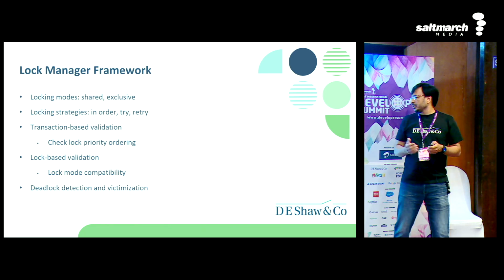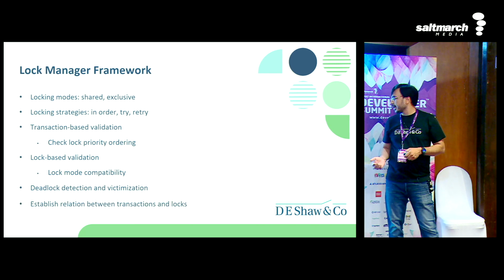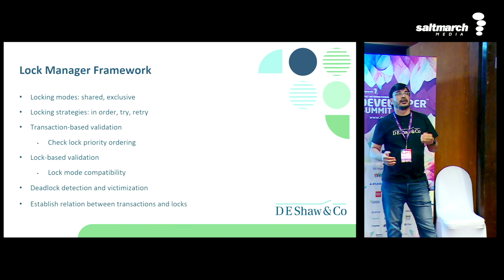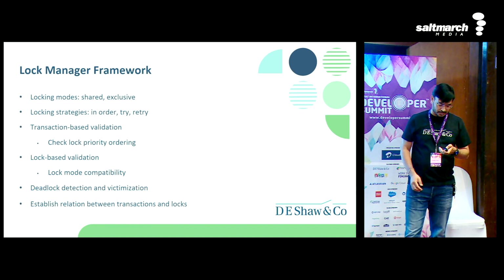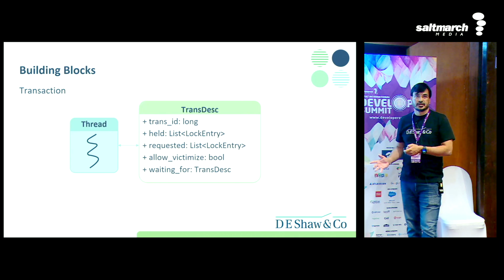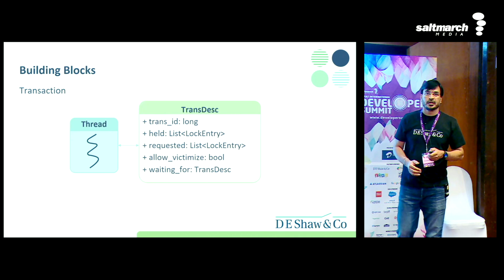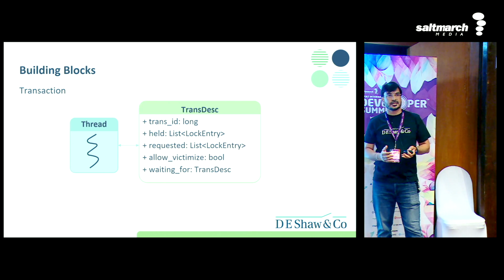So putting all this together, we need to understand the data structures that form the core of this, as well as the relationship that exists between them. Now let's get into those data structures. Every transaction which is running in a thread will have an object called transaction descriptor.